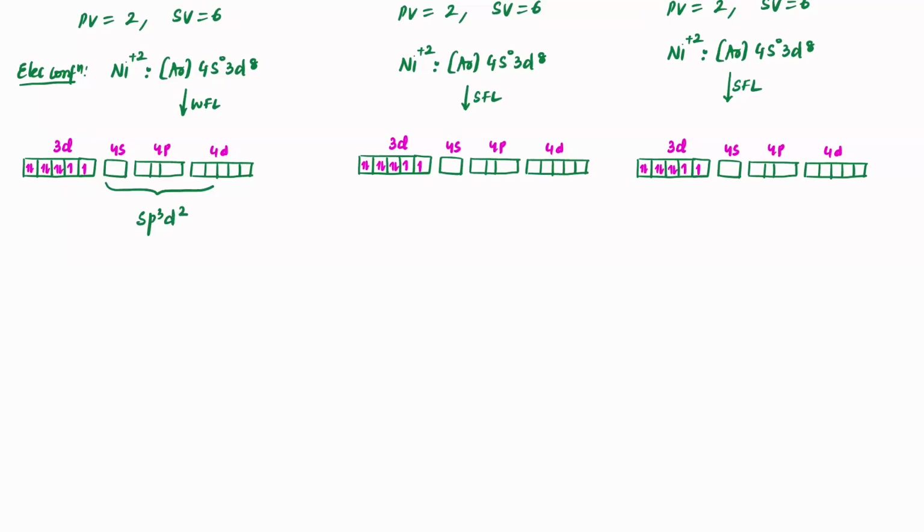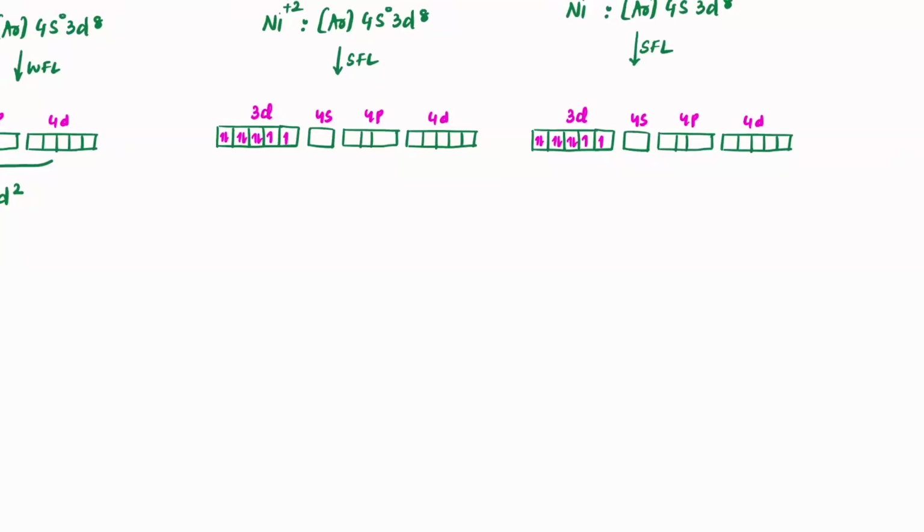But when it comes to the inner d orbital, we can make sure that this electron can pair here because the other three are anyway in the paired form. What if I pair this one also? In case I pair it, is there any use or not is what you need to check.